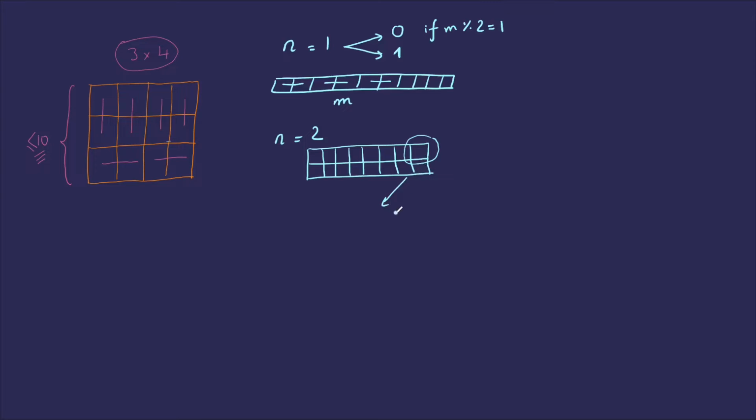Either it's going to be covered by a horizontal tile, or it is going to be covered by a vertical tile. If it is covered by a horizontal tile, then we will have something like this, and the tile below it will have only one possibility. We cannot put a vertical tile here. So here we should put a horizontal tile as well.